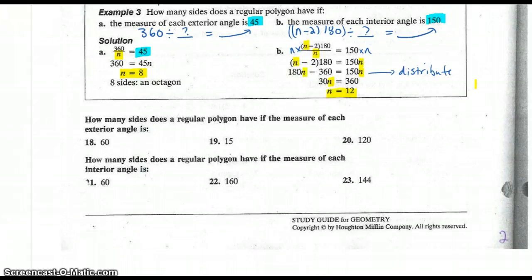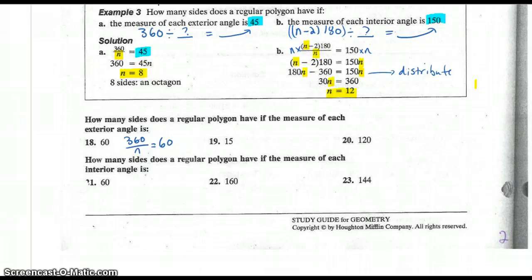So now, 18 through 20. How many sides does a regular polygon have if the measure of each exterior angle is the specific angle measure given? So in 18, our work is going to look like this. Our equation setup will be 360 divided by n is equal to 60.